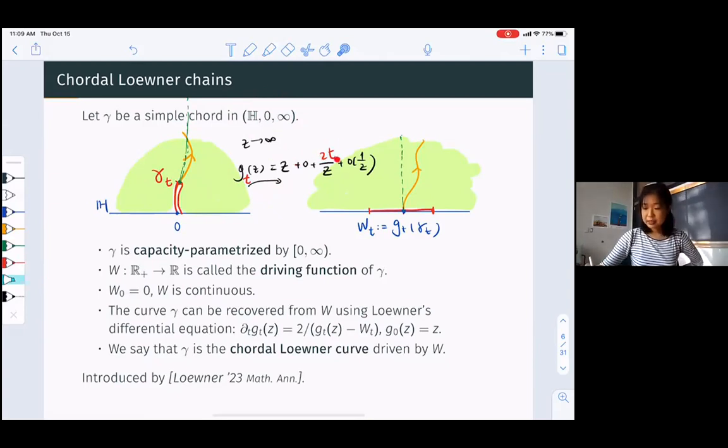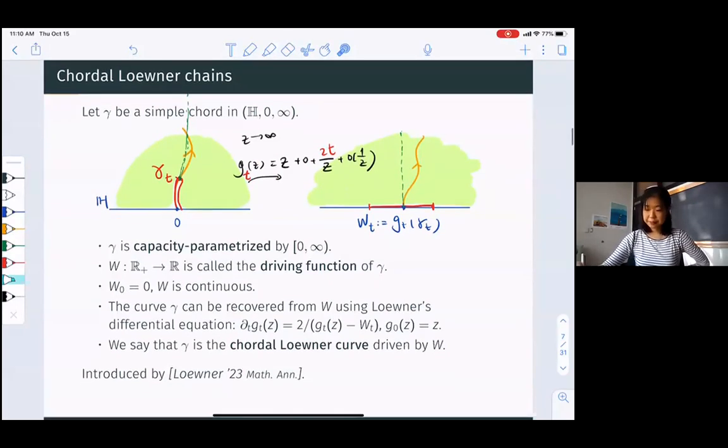We fix the constant term to be 0, and then this conformal map is unique. And the third term here is a number which is always non-negative, and this is the capacity of this part of the curve. We say gamma is capacity parameterized if this conformal map always has 2t in this factor.